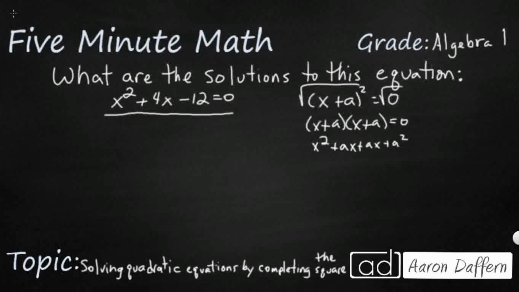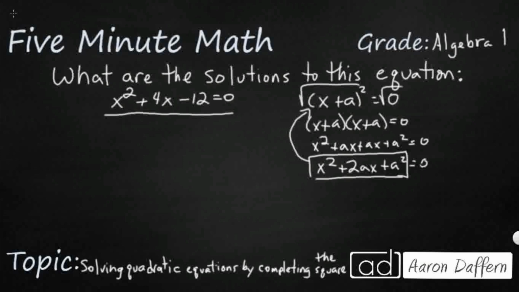So what we're looking for here is, if we can make something look like this, x squared plus 2ax, I'm going to combine those ax's, plus a squared, right? Then we are in business, because then we can simplify it with the (x plus a) squared and then take the square root and we're golden. Okay? So that's what we're looking at here.